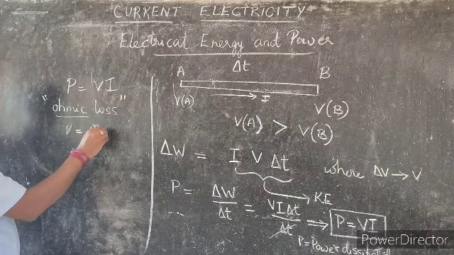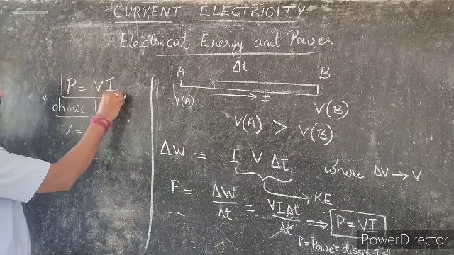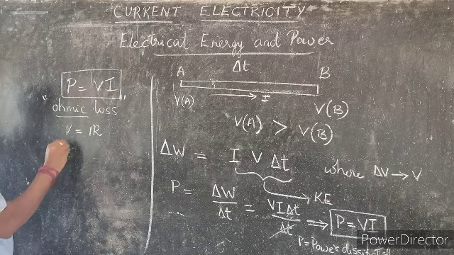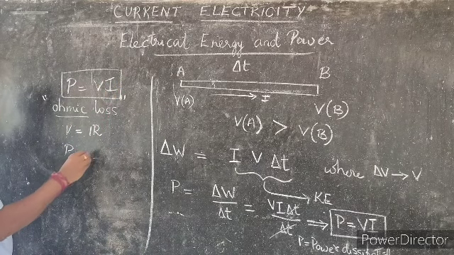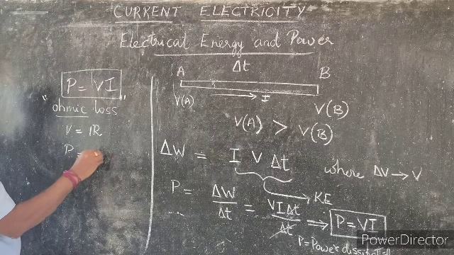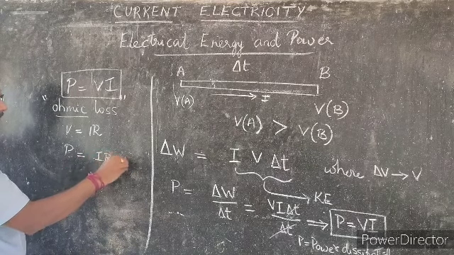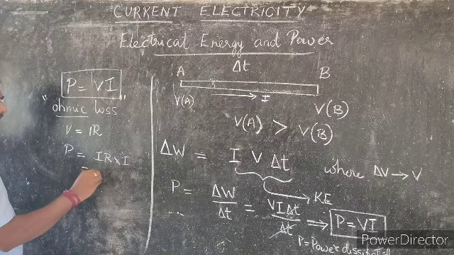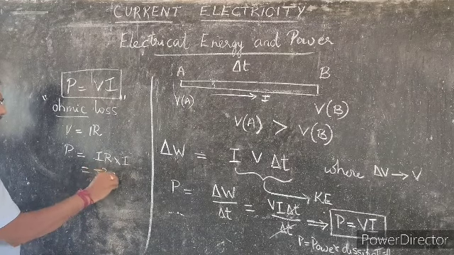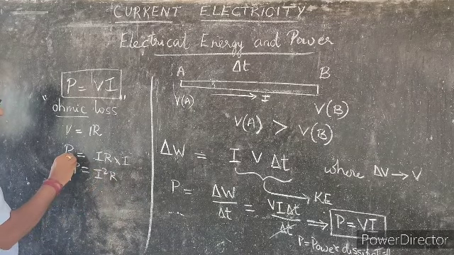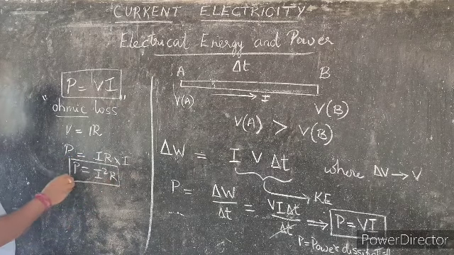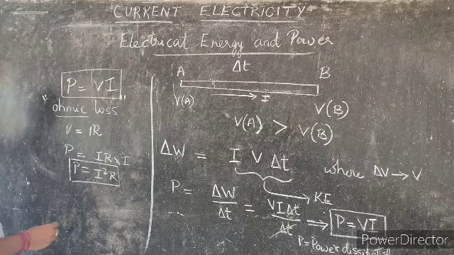So if I substitute this in this equation, I get another form of the same, which is P is equal to I R into I, which is I square R. This is yet another form of this equation.